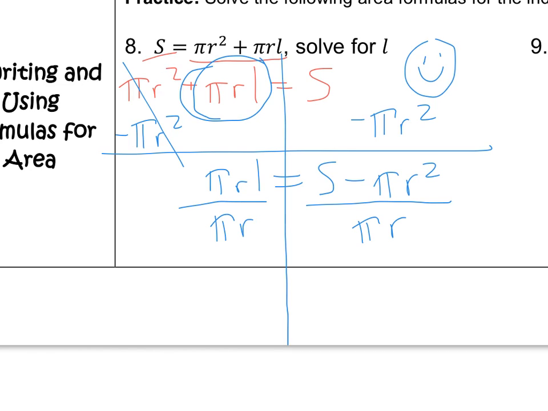And that's our answer. Notice on this one, I did not put my pi r under each term. I could have had S divided by pi r and pi r squared divided by pi r. It would probably clean it up a little nicer, but it's just fine leaving it like this.